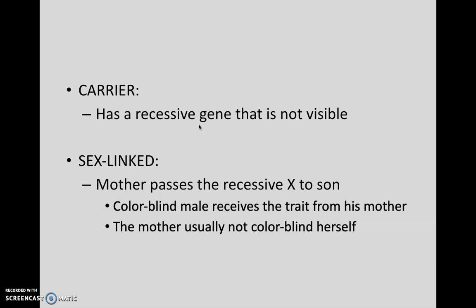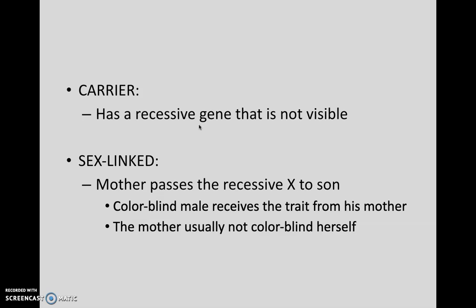But those sex-linked are going to be, the mother passes down the X to the son that contains that recessive gene. And so the mom might not have it herself because it's recessive in her. But when she does pass that recessive gene on to the child, that child is going to show that recessive gene because it is a sex-linked or X-linked trait. And we'll get into that in a little bit.